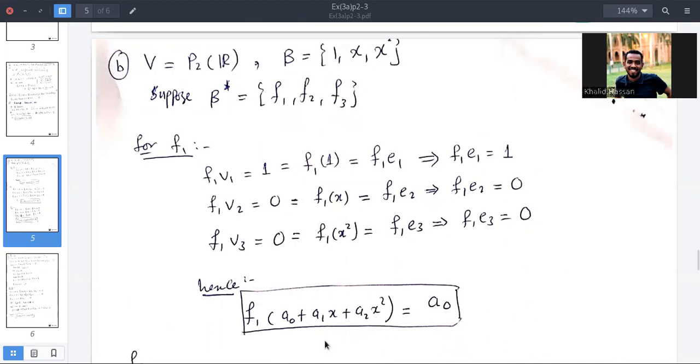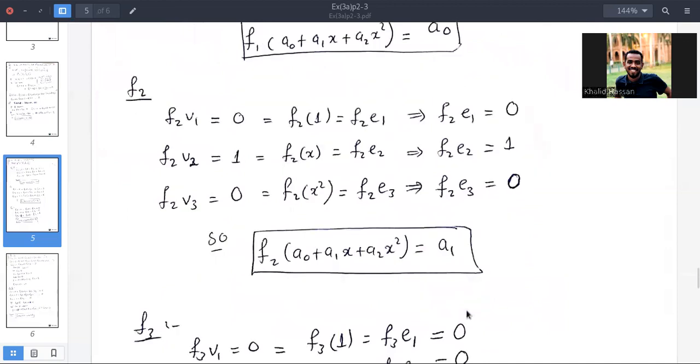Of course, we know that these terms a1 x and a2 x squared equal 0, so we just have a0. Regarding f2, f2 v1 equals 0, so we have f2 of 1, so f2 e1 equals 0. f2 v2 equals 1, f2 of x, f2 e2 equals 1. So here we just have a1, because the rest are zeros.